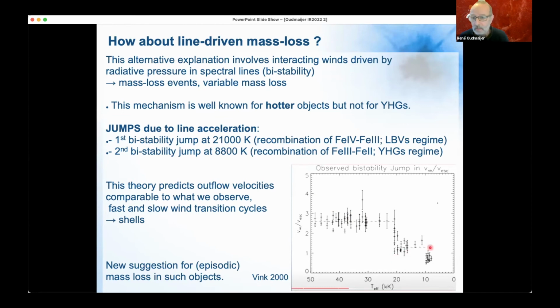Turns out there's a second bistability jump precisely at the temperature of our star. So it could very well be that variations in the temperature of the star could induce new mass loss due to the bistability jump. And with this, I'm 15 seconds too long.